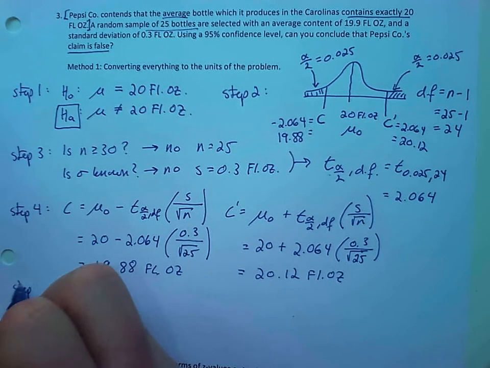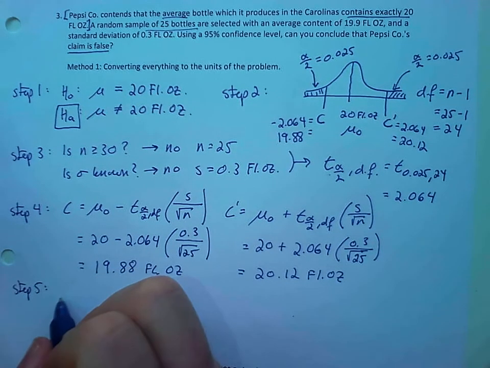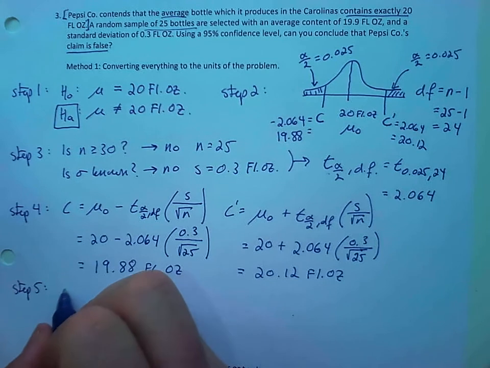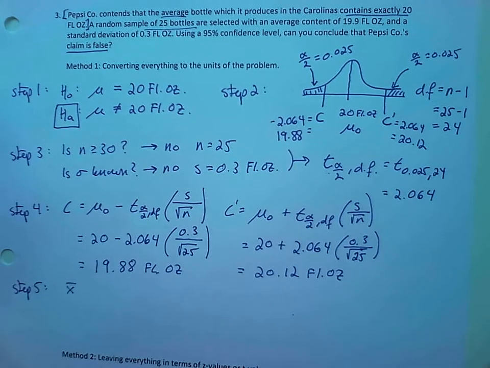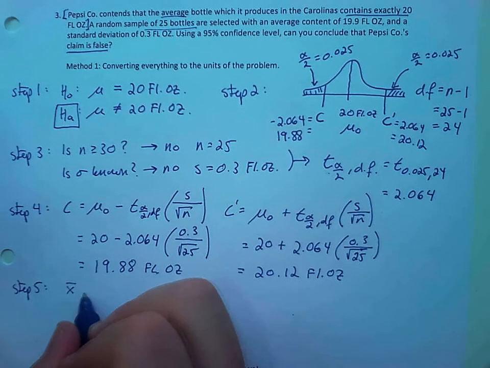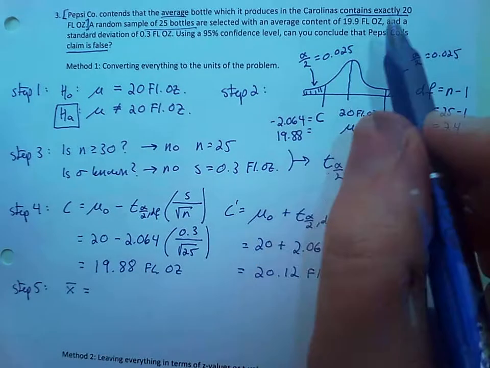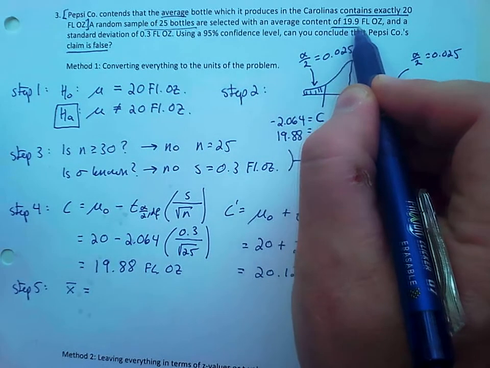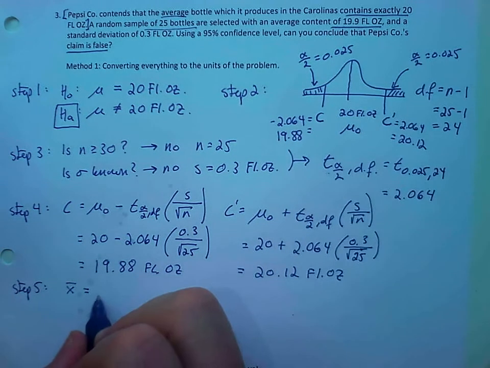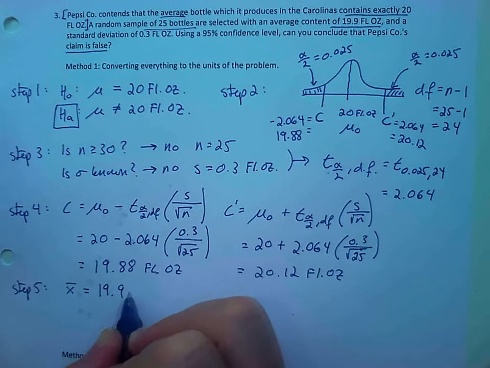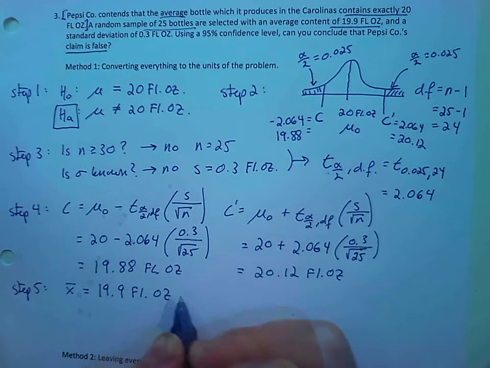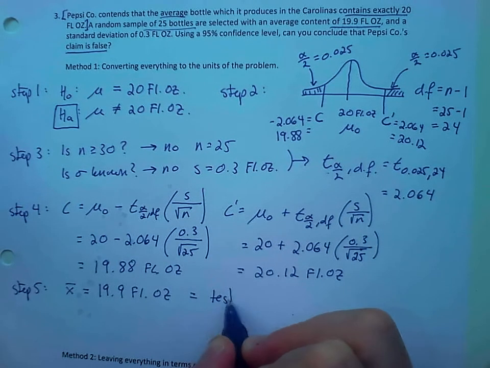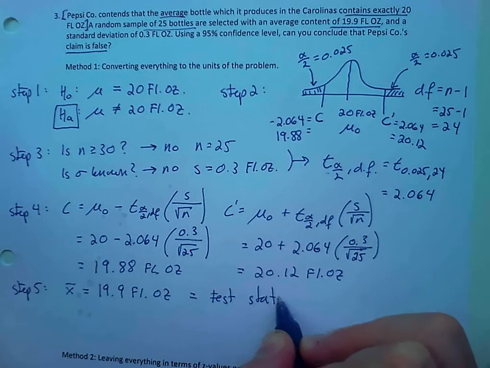In step number 5 for method number 1, we look at our test statistic. Since we're dealing with the means, the statistic that we're interested in is x bar, our sample mean. The problem tells us that our sample mean is equal to 19.9 fluid ounces. And again, this is our test statistic.